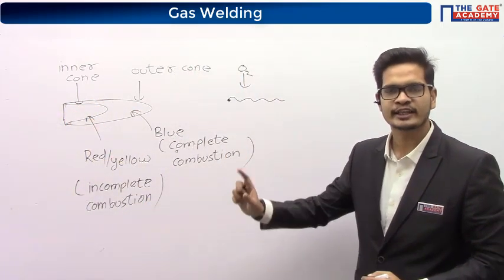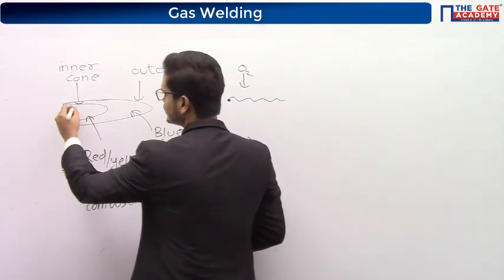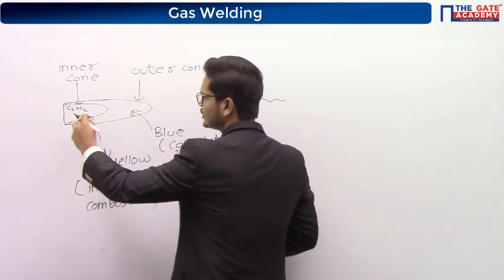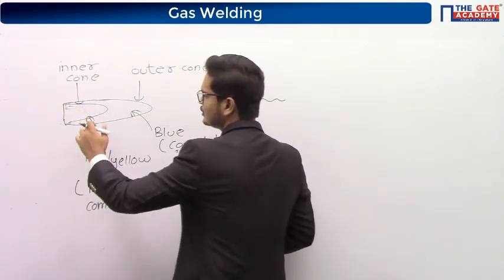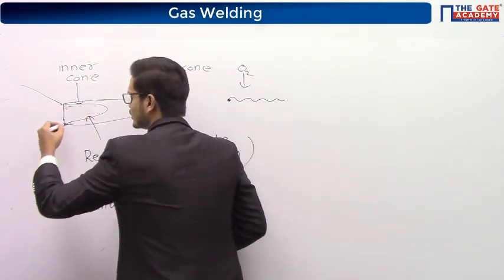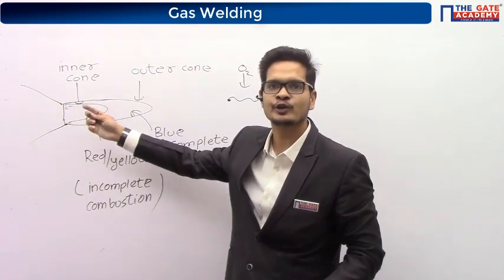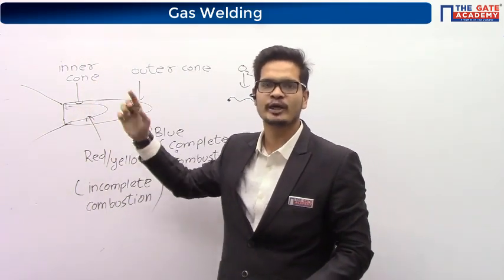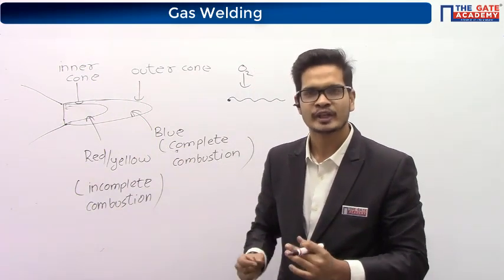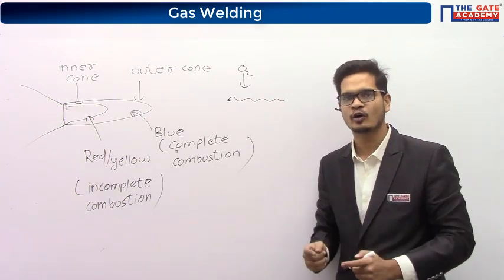In our case, the fuel is acetylene, so C2H2 is flowing like this throughout the flame. The inner portion has just come out of the nozzle, so it was not able to absorb the oxygen from the atmosphere. It will take some time. Instantly it will not get the oxygen.